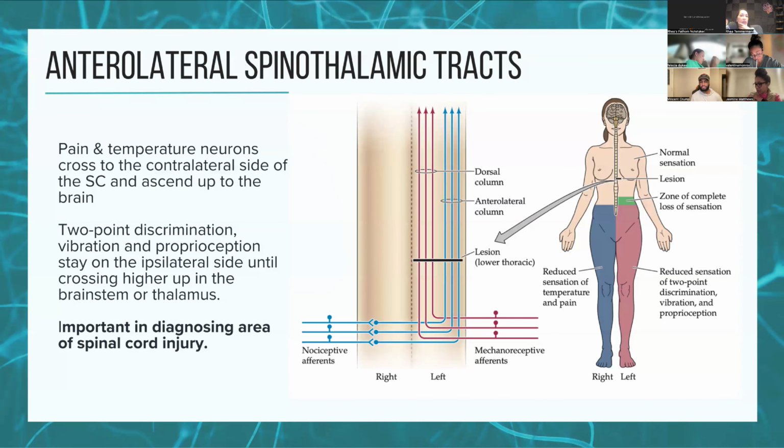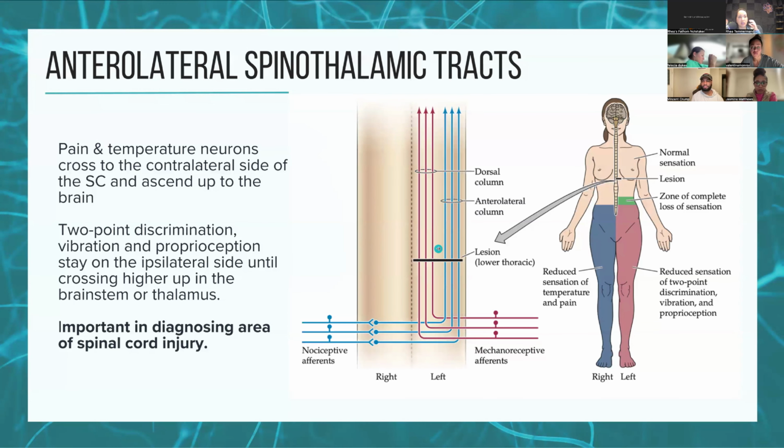This is just important, FYI. Understanding that pain and temperature cross over to the contralateral side, but other types of neurons do not, such as 2-point discrimination, vibration, and proprioception, which stay on the same side, really helps you in trying to diagnose a spinal cord injury. So just keep that in mind. When you're trying to diagnose the level of the spinal cord injury, really understand that pain and temperature cross, but other types of sensations do not.